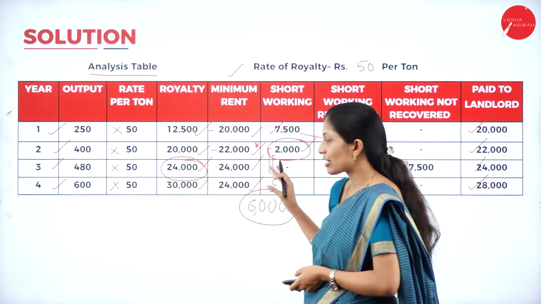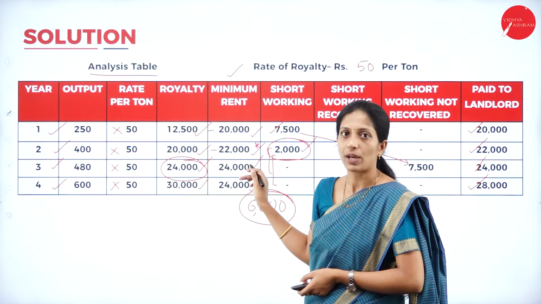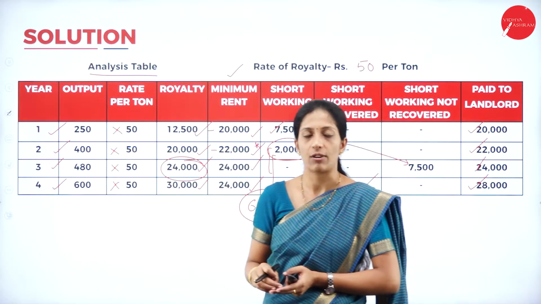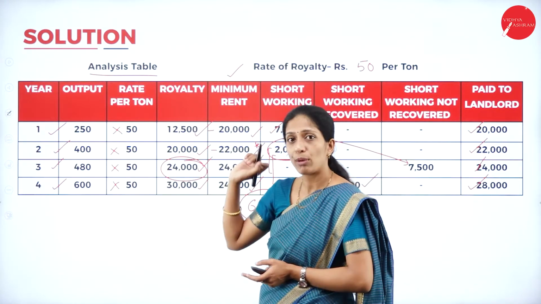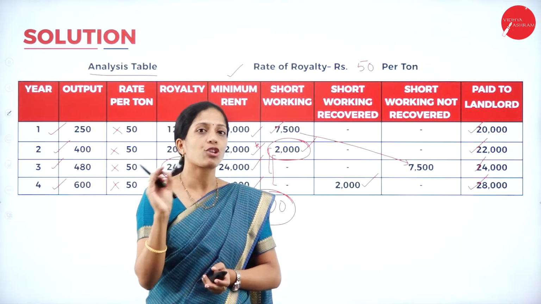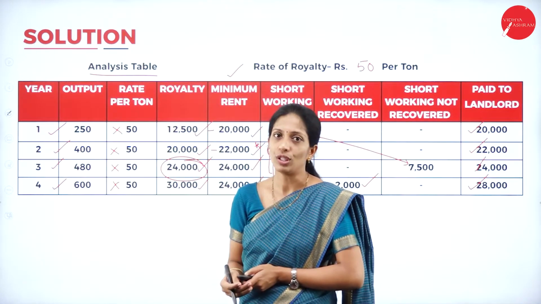So you had an excess of 6,000, but you had to pay only 2,000 short working. So you have paid it in full. So nothing is transferred to profit and loss account. So remaining 28,000 will be paid to landlord.